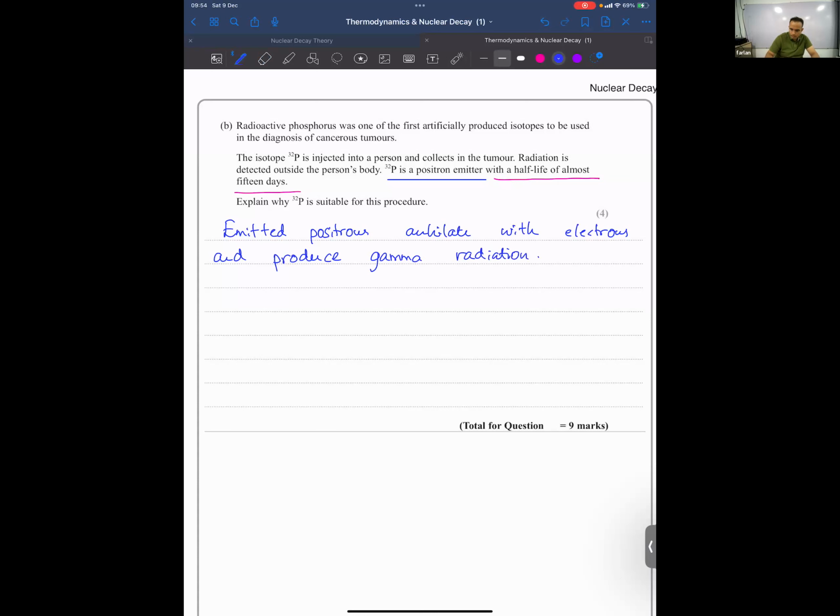Full stop. It can, no, that's positron. Hold on. It can penetrate through the body due to its high penetrating ability.